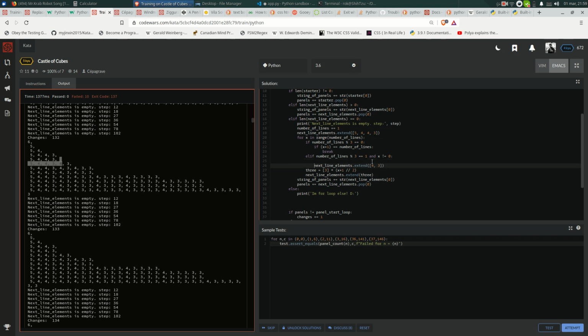We want to extend it in that case, and because we tie this for the number of lines.